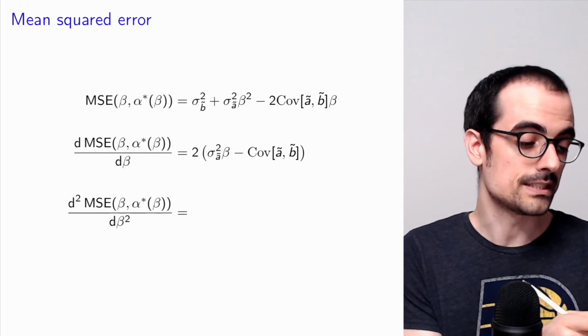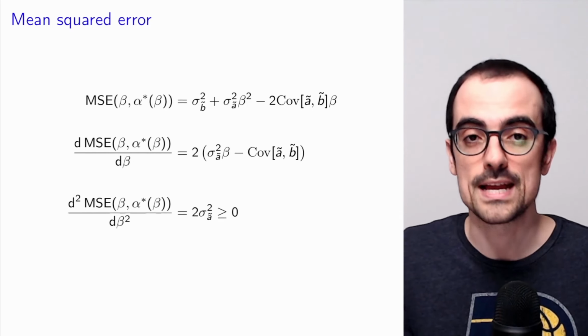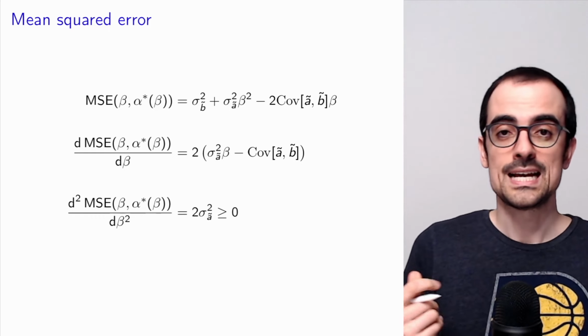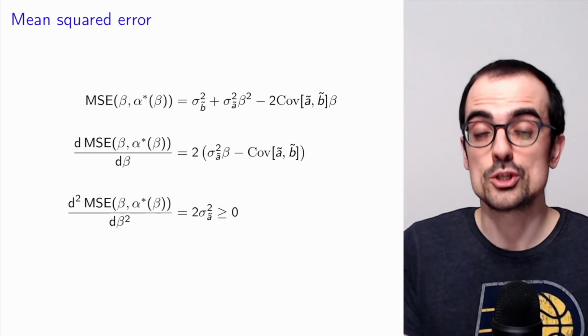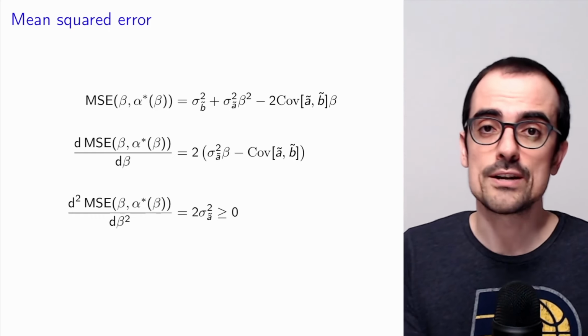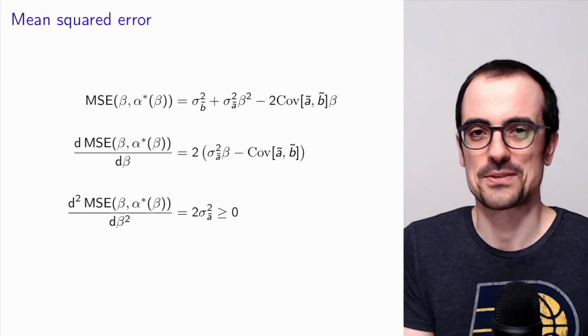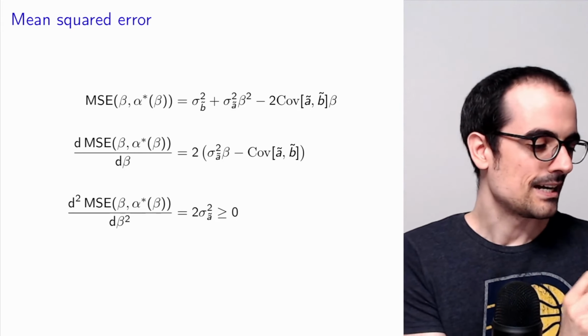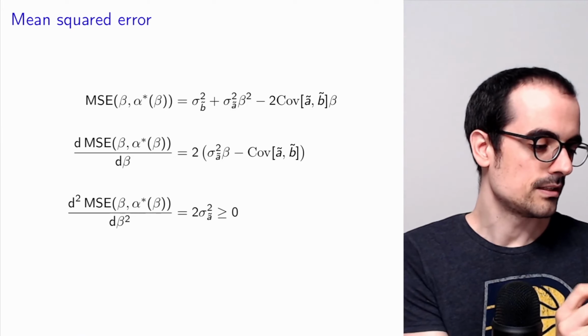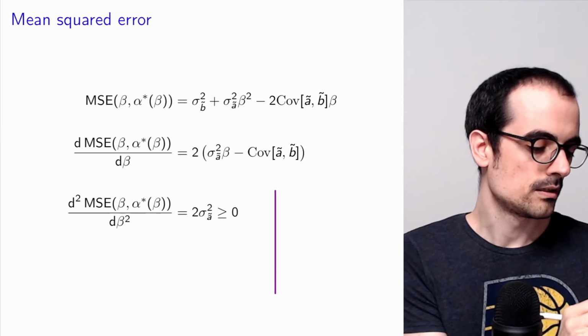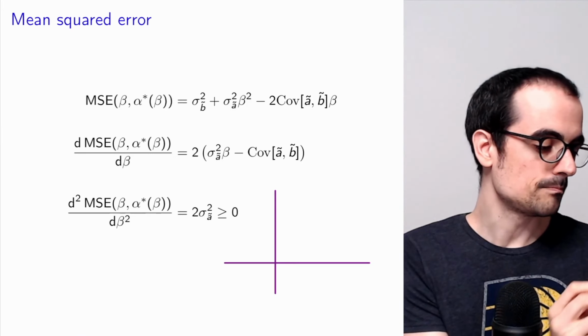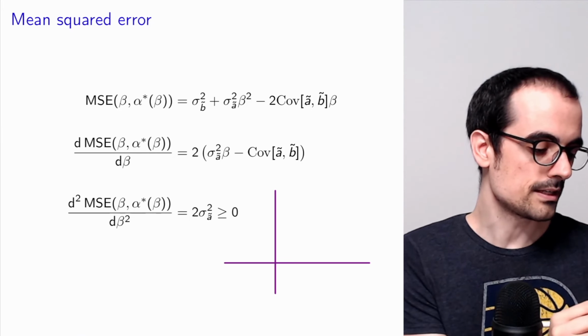The second derivative is just equal to 2 times the variance of a, which is non-negative. We're going to assume that the feature has non-zero variance because otherwise it's just equal to a constant, which is not a very interesting feature. In that case, the mean squared error is convex with respect to beta, so it looks like this.